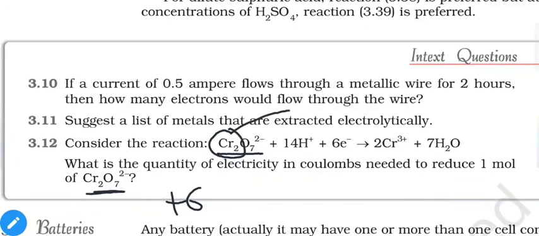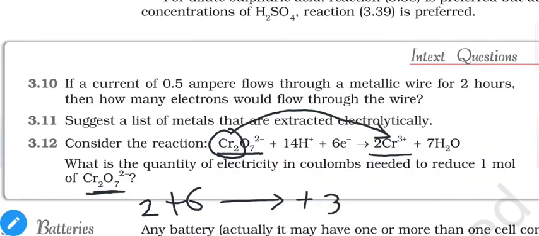So when we convert Cr2O7 2 minus into Cr3 plus, the actual change in oxidation state for chromium is plus 6 before the reaction, and after the reaction it is plus 3, which we can see. But we have 2 of them, that means 2 Cr per 1 mole of Cr2O7 2 minus.